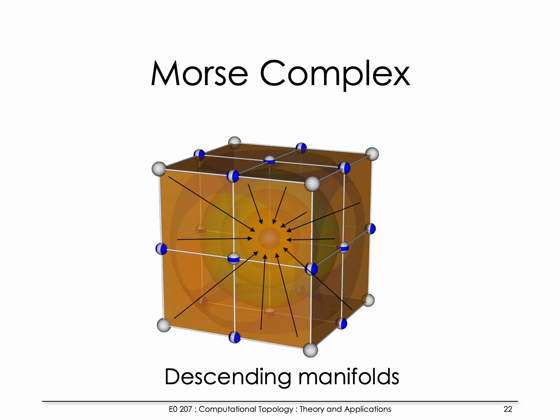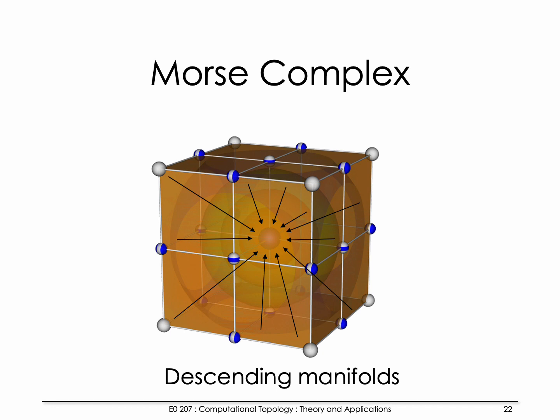So the maximum is at the center of this cube, and all the vertices on the boundary are either minima or saddles. So the minima are at the 8 corners of the cube, and the edge centers have the 1-saddles. The face centers have the 2-saddles.